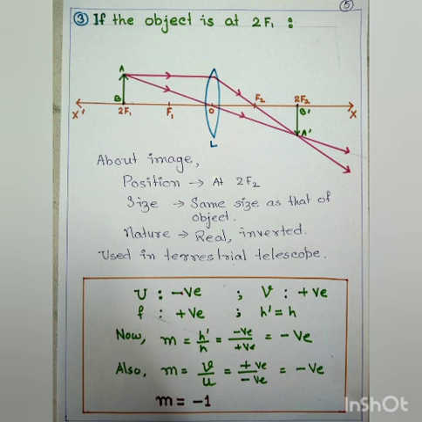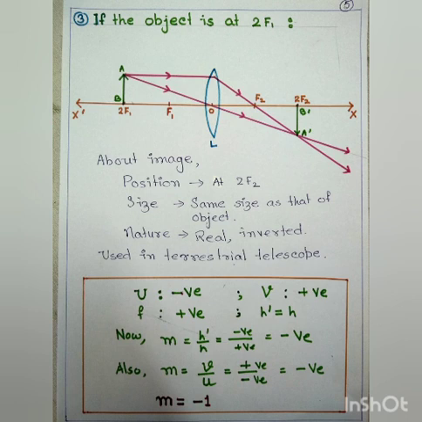Whatever measurement you are considering from the optical center for F1, just maintain the same measurement for F1 to 2F1, and on the other side the same measurement you have to take for OF2 and F2 to 2F2. If the positions of F1, 2F1 and F2, 2F2 are correct, you will get a beautiful ray diagram for each situation.